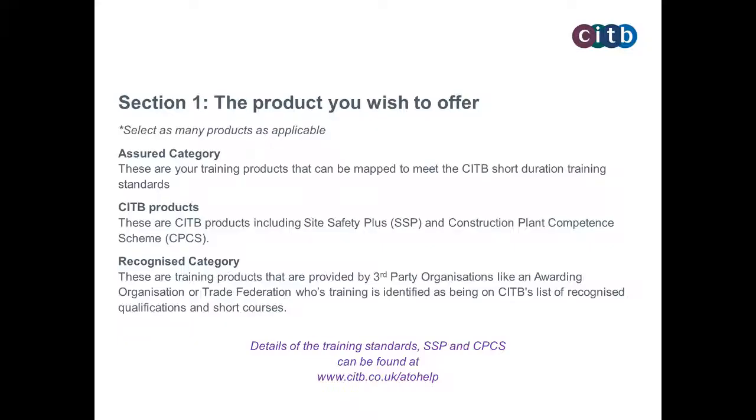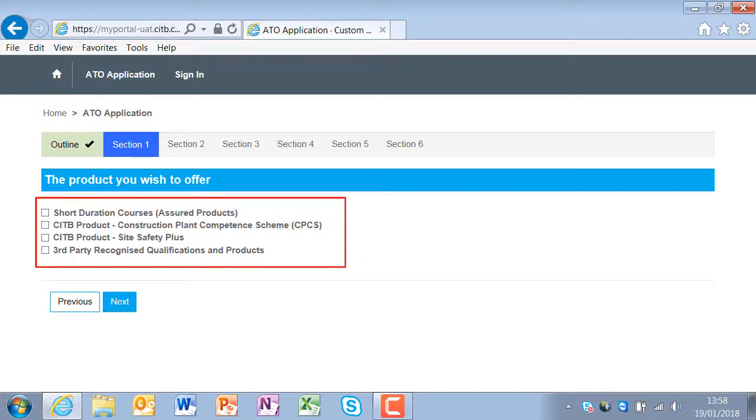Section 1. This is about the specific product that you wish to offer. You can select as many products as applicable from the Assured category, CITB products, and the Recognized category. There are 4 options in total. The first one is short duration courses, which has been reclassified as Assured products, and they are assured by CITB.